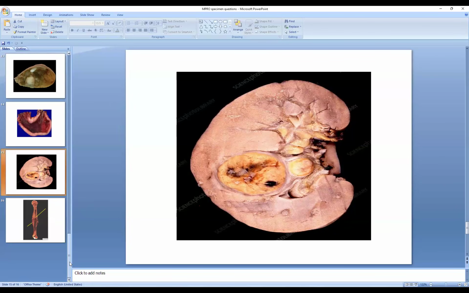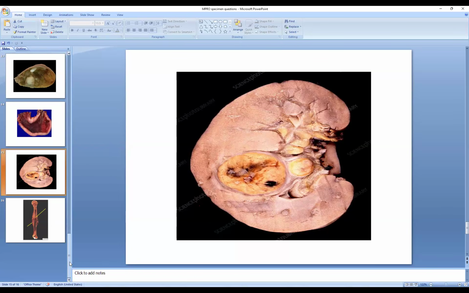What are the common paraneoplastic syndromes associated with this pathology? Sir, in RCC, erythrocytosis because of increased erythropoietin production, and hypercalcemia, and hypertension.